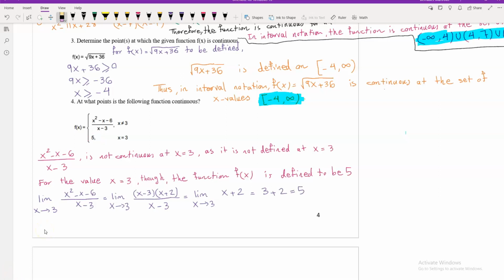And based on what is given on this part, f of 3 is equal to 5. That means our limit as x approaches 3 for this function is equal to our function value when x is equal to 3.